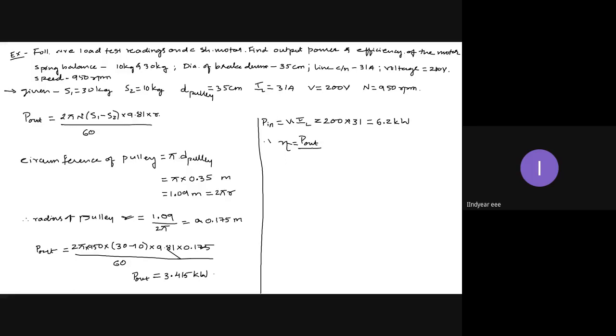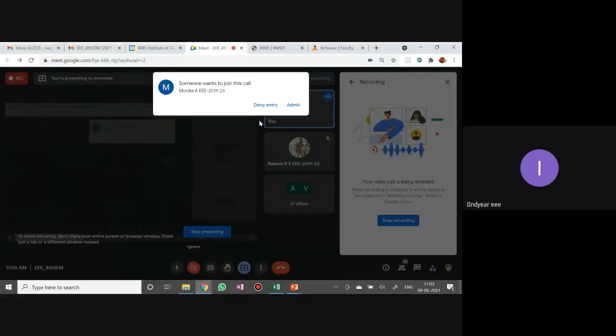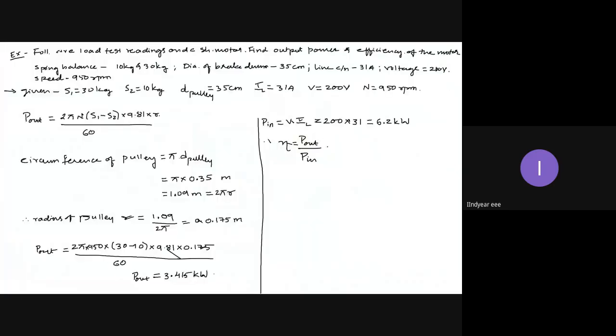You can calculate separately or substitute in the same equation, no issues. This is 3.415 kilo divided by 6.2 kilo, so it is 55%.